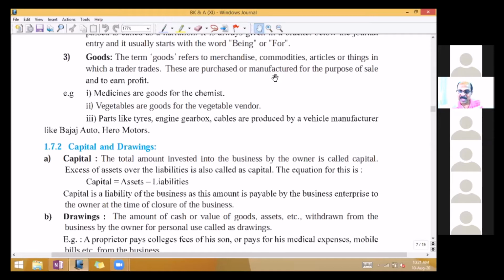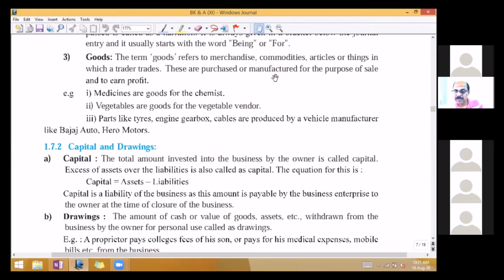Students, another example I'll give you. You buy a shoe on which Diamond is written, the company's name is Diamond. And you buy a shoe which is called Nike. Which costs more, Nike or Diamond? Nike. You are paying extra for Nike. In fact, a Diamond shoe will cost you 500 rupees.